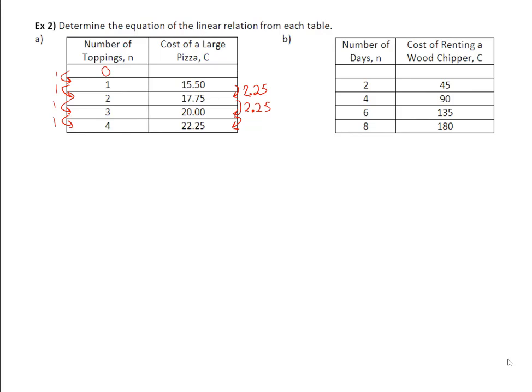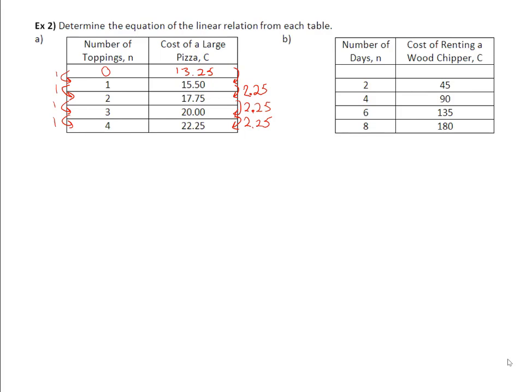Then from 20 to 22.25, we're adding 2.25 again. So to go backwards now, you actually subtract 2.25. And if you do that from 15.50, you actually get 13.25.